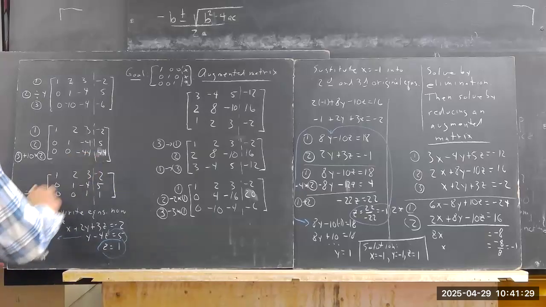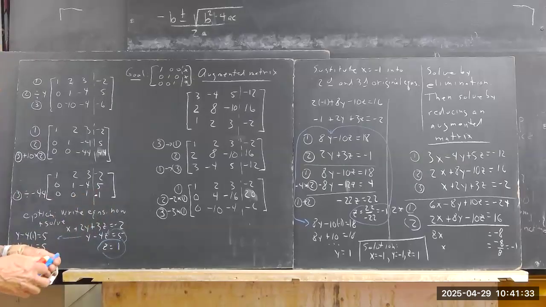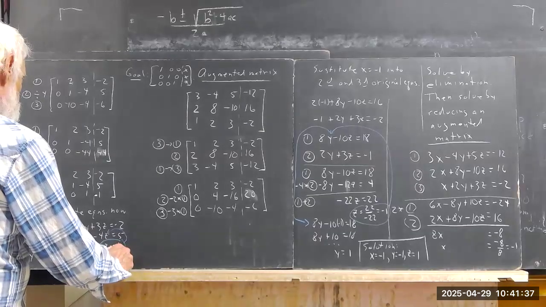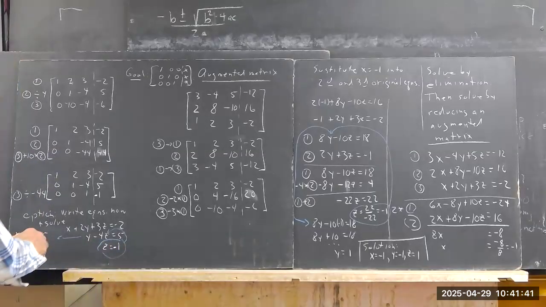When I divide 44 by -44, I get -1, don't I? Okay. I'm being more careless than usual this morning. So we get z equals -1.